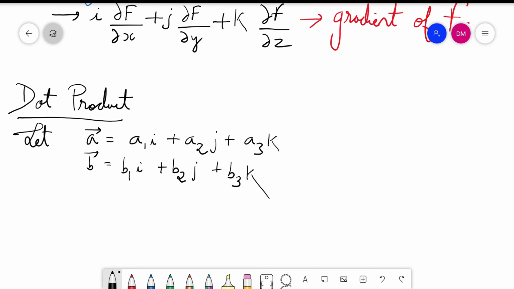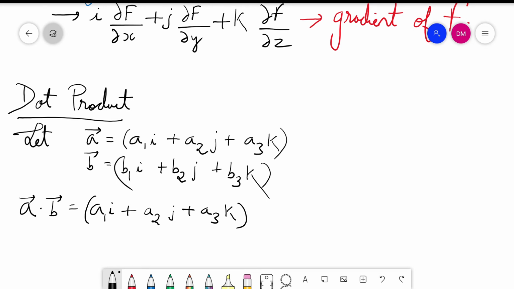Then how can we find a vector dot b vector? First, a vector will be taken over here, and b vector, this one will be taken. So we take a1i plus a2j plus a3k dot b1i plus b2j plus b3k.